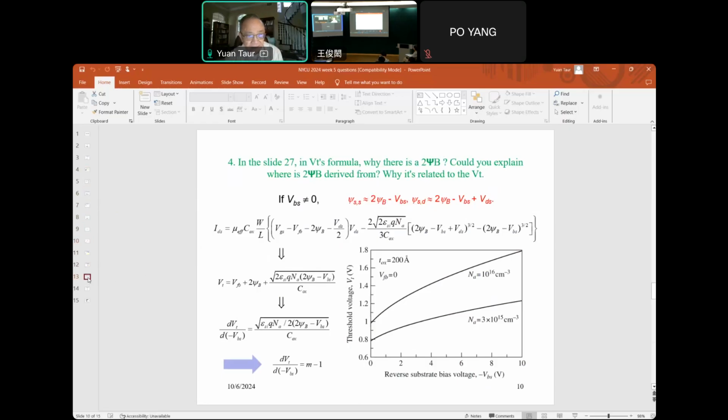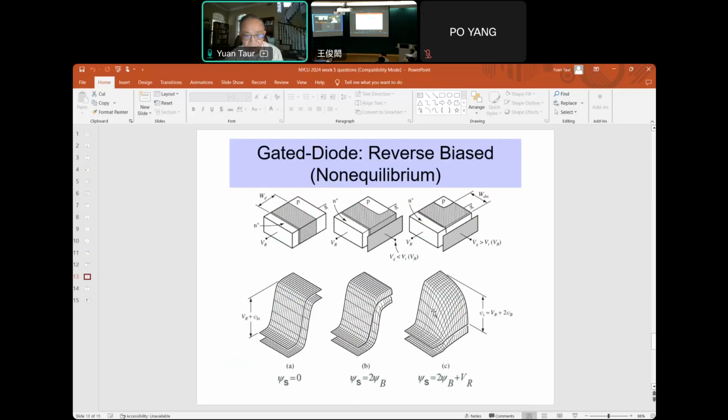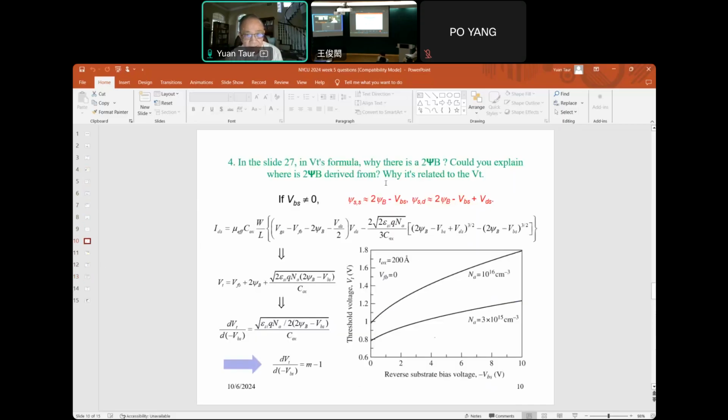And we covered that in chapter 4 also, that if there's no bias in the junction... So this is a PN junction with a reverse bias. This is like the source junction.